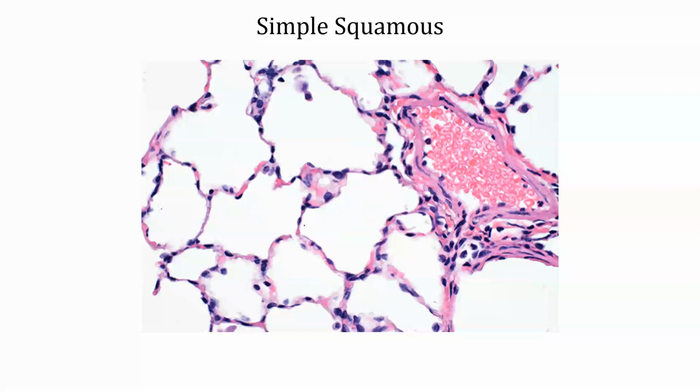If you look at some of these cells, here's one cell right here, there's a nucleus and it's spread out very thin. Here's another cell, spread out very thin. Here's another cell, spread out very thin. It's not that there are cells piled on top of each other; it's just basically balls formed from this one layer of cells. So it's a simple squamous epithelium.